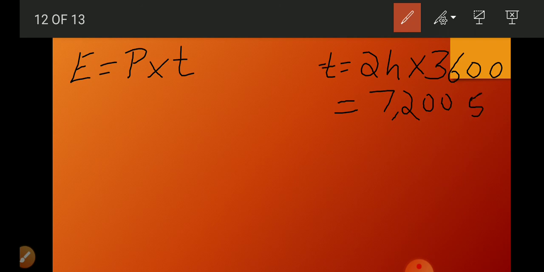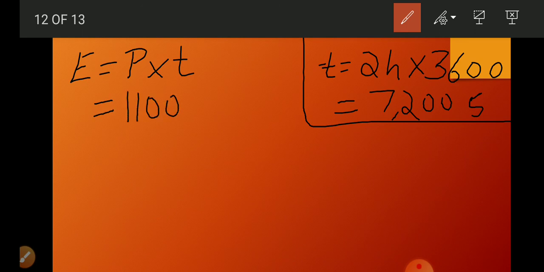Substitute: power is 1100 and time is 7200. The unit is watt second.